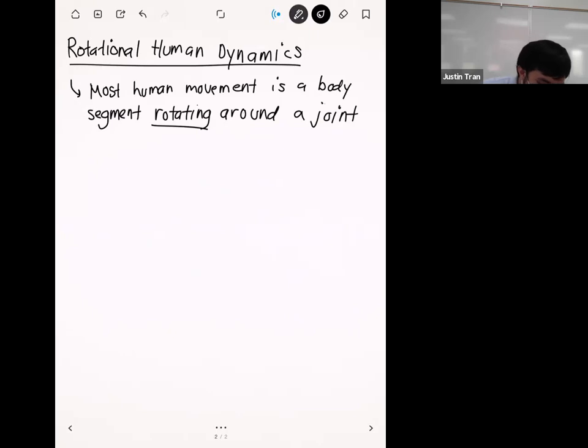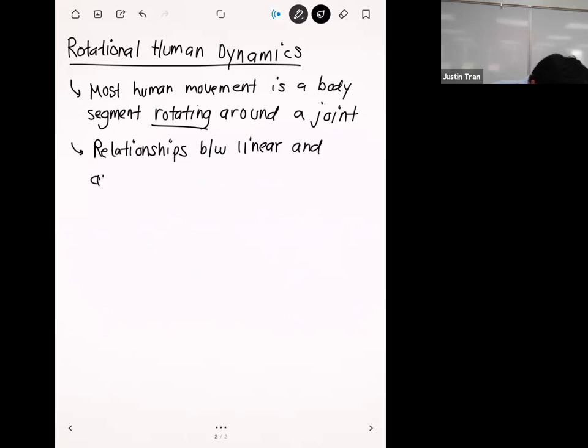The first thing I want to talk about is some relationships that you can form between linear and angular motion, because the two don't exist in a vacuum from each other. They are very related, and usually the key that unlocks the relationship is the radius of rotation.